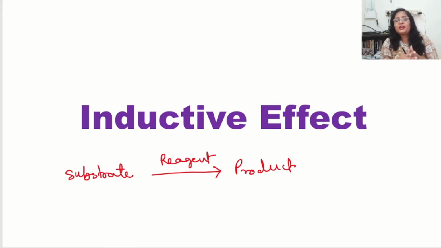Intermediates will be there. That reaction intermediate will proceed to the product. So the point is where the reagent attacks the substrate, at which point. This is a very important thing, and this only we will understand by the inductive effect. So let's start inductive effect.